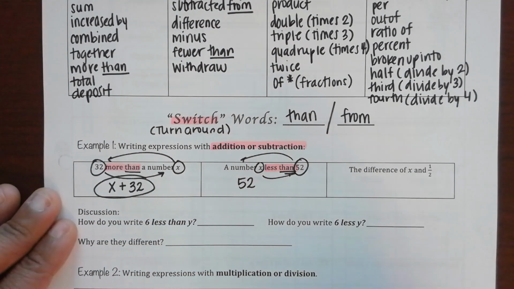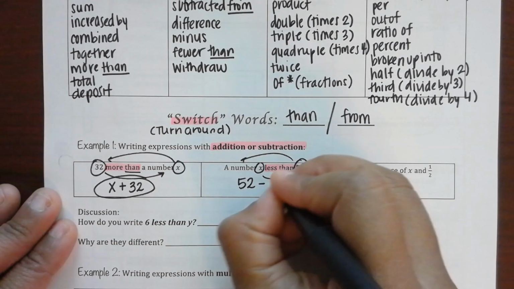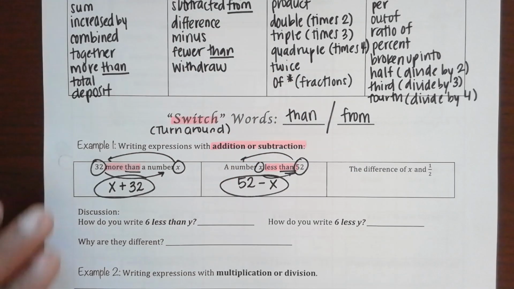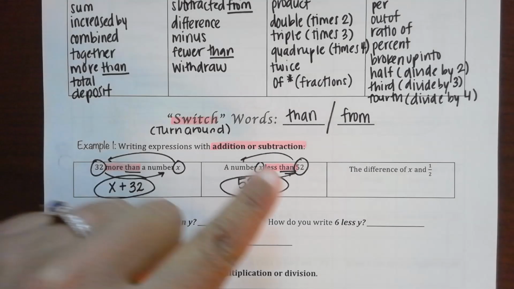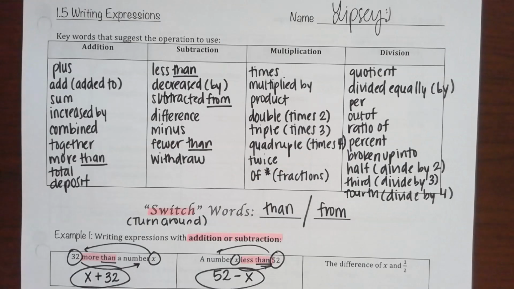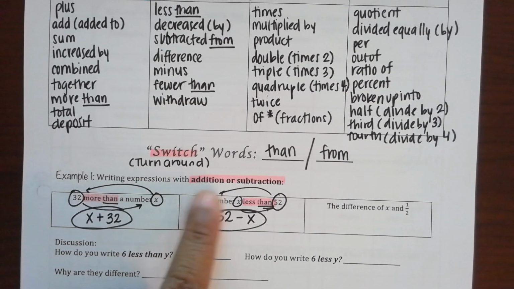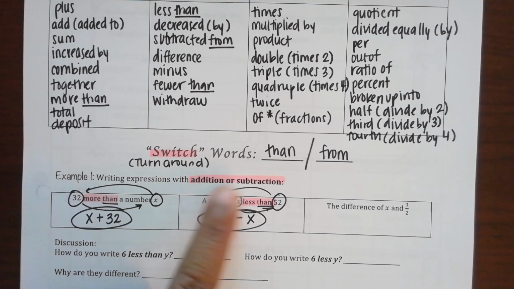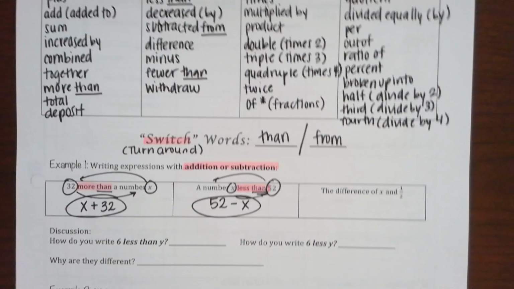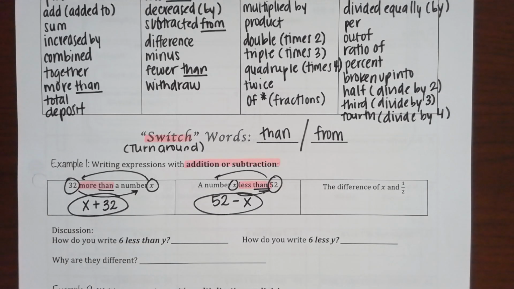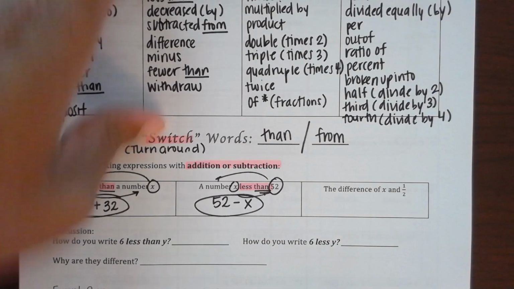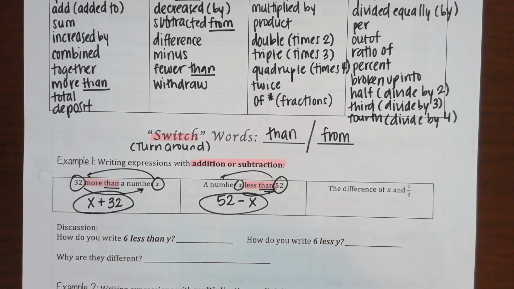So what comes afterwards? Minus X. Where do you get the minus after less? Where is less than located? In which operation group? Subtraction. But it also said writing expressions with which two operations? Subtraction. Addition. So it only gives you two choices. That's why. So it's knowing where it is and reading those directions. That tells you the only two that we're using.